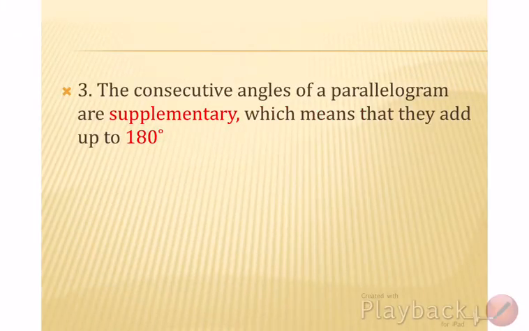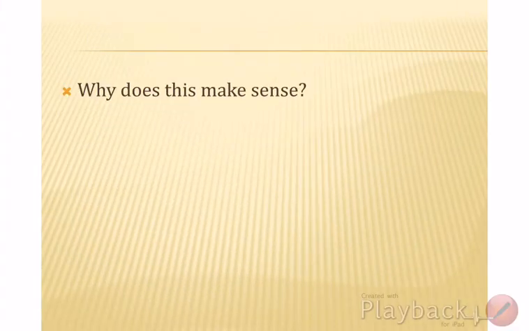The consecutive angles of a parallelogram are supplementary, which means that they add up to 180 degrees. So that's something that we just learned, we can practice with. It's part of the condition of a parallelogram. Why does this make sense?